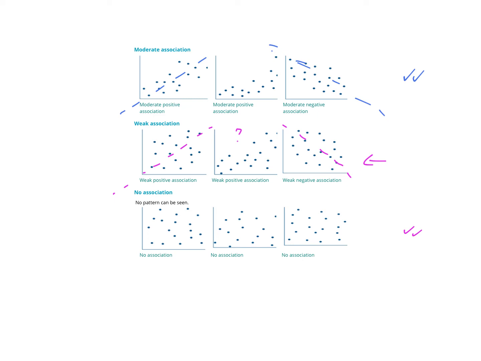So let's cap that off. We talk about strength, and our options for strength are strong, medium, weak, and even no association if we cannot draw a line there.